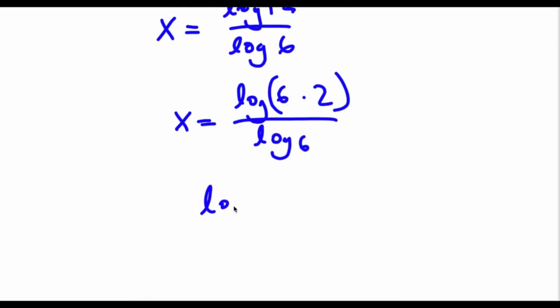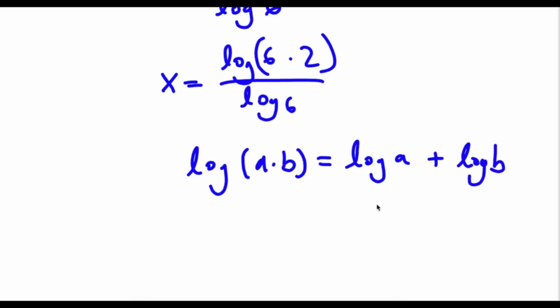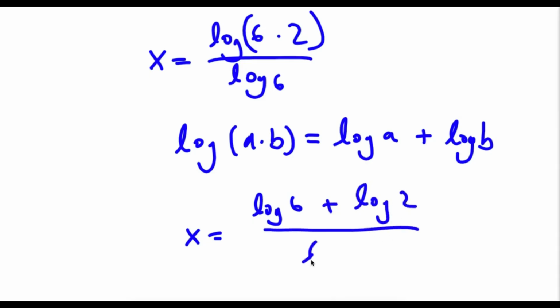Now if I have something in the form log a times b, this is equal to log a plus log b. So log 6 times 2 is going to equal log 6 plus log 2. I have this over log 6.